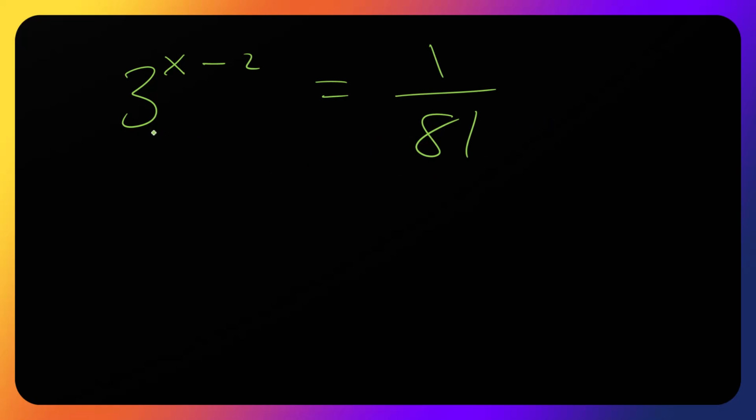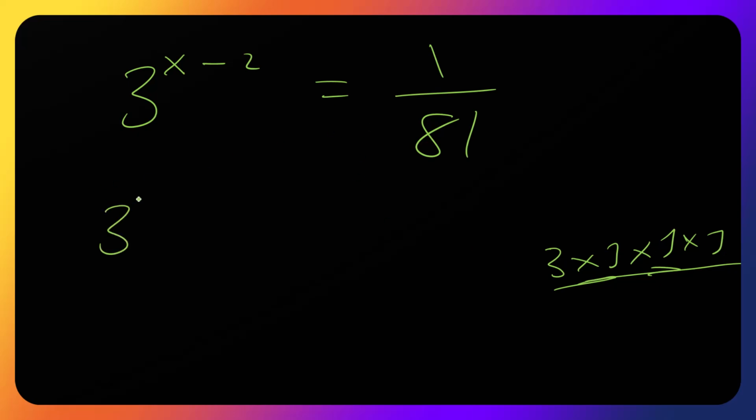Start multiplying 3 by itself. Once you get to 81, you count the number of times that give you this 81. 3 times 3 is 9, 9 times 3 is 27, times 3 is 81. So this one is 4: 1, 2, 3, 4.